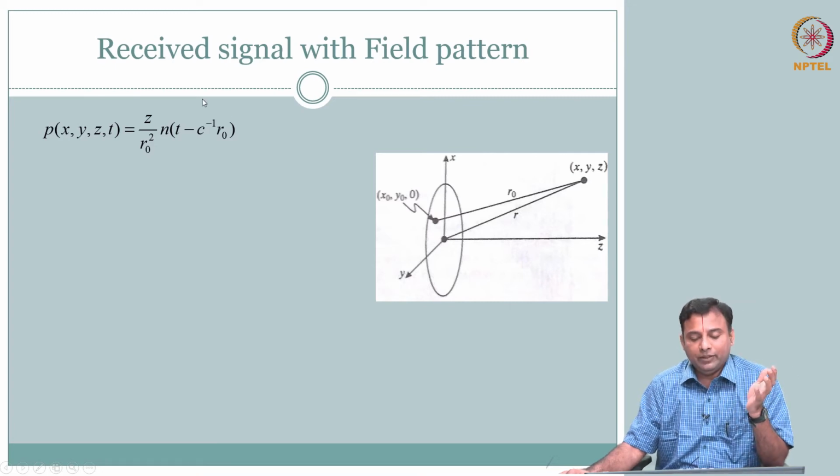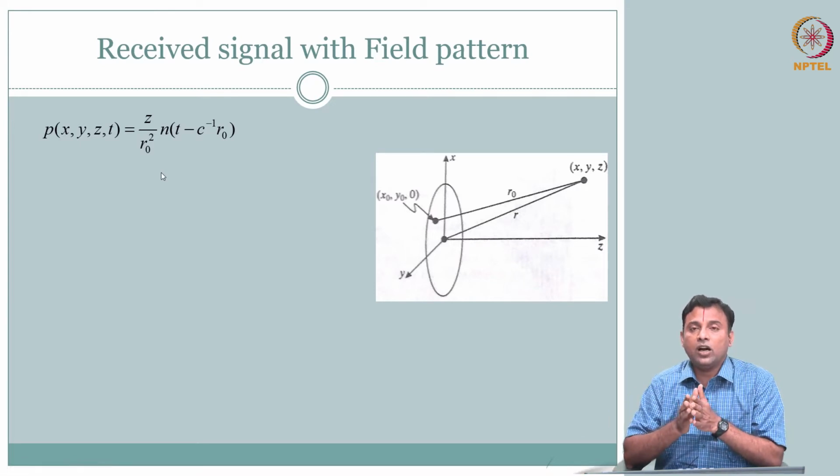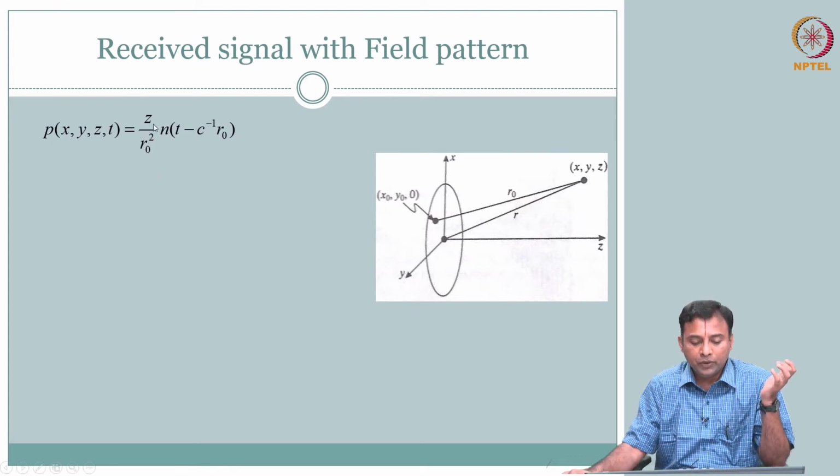So, if it had been a monopole source, we would have just written our circular wave equation, 1 by r of the pulse, but given this situation, this is called a dipole model. Because of that, you get z by r naught square of this term. This is how the pressure field comes out at any location x, y, z, and this is from a point.